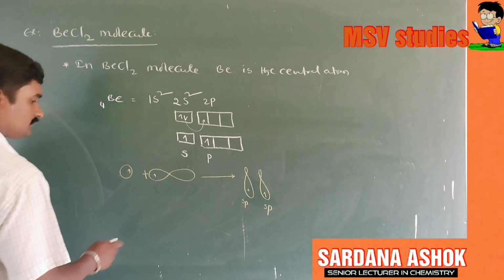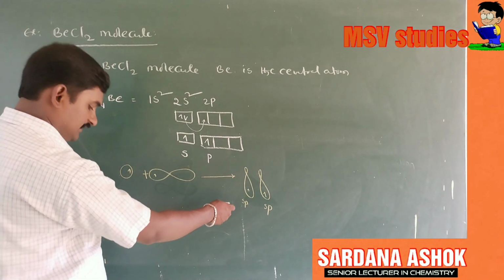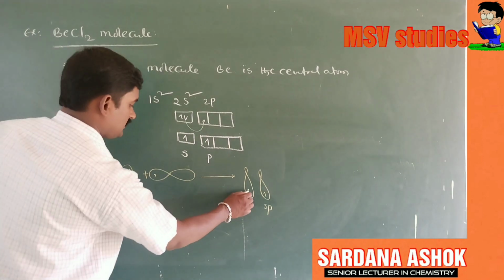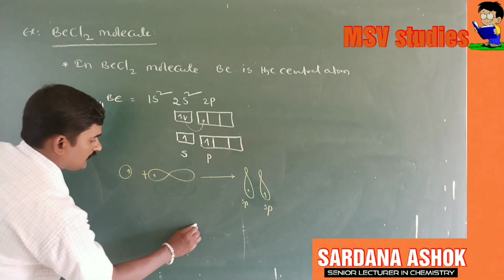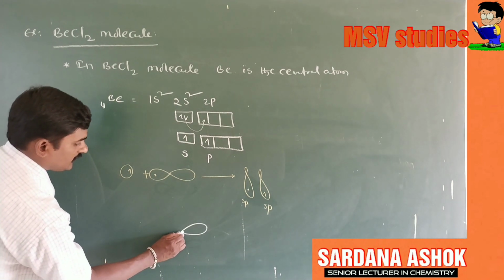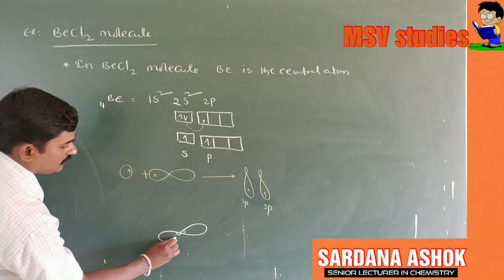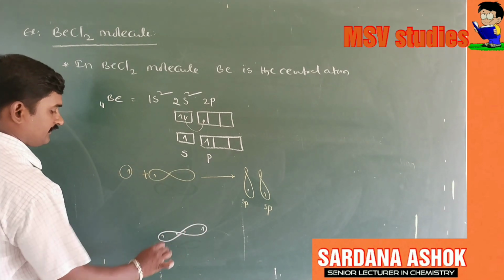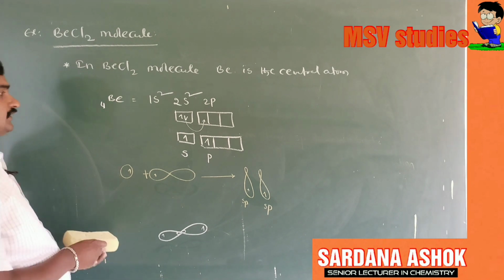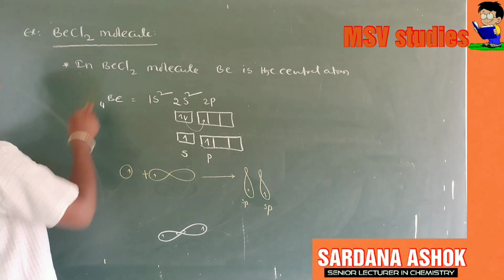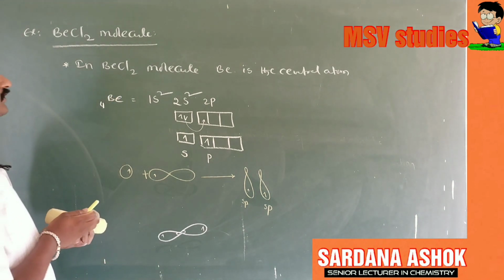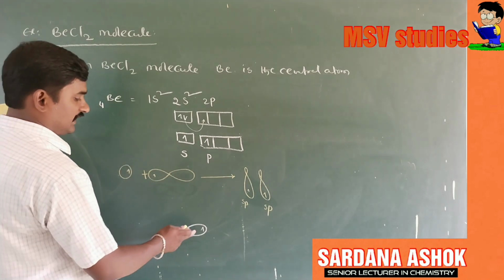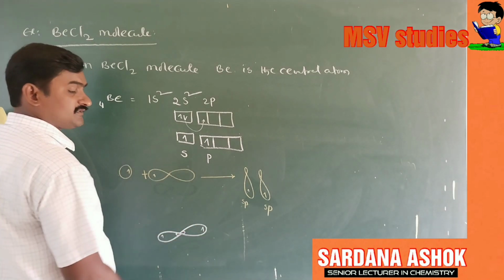Now these hybrid orbitals are oriented opposite to each other, each having one unpaired electron, with which the two chlorine atoms in the BeCl2 molecule overlap and form sigma bonds.